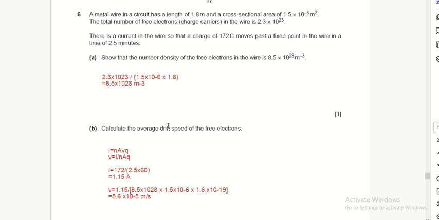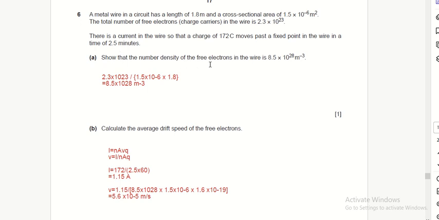A wire with length and cross-sectional area has a number of electrons. These electrons carry 172 coulomb, passing in 2.5 minutes.